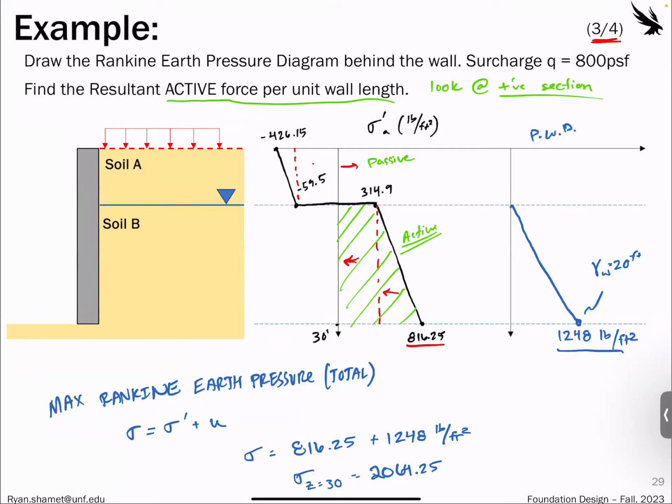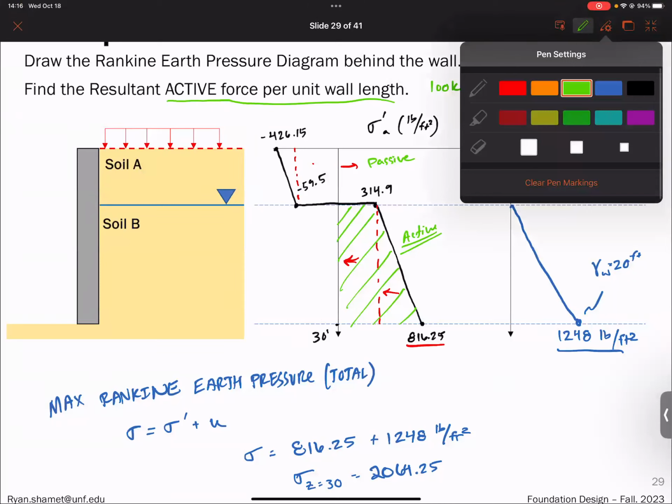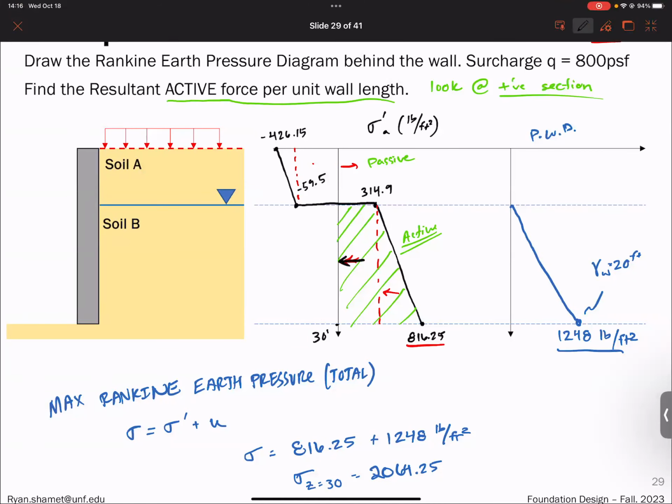It's a trapezoid, so the easiest thing would be to divide this into P1 and P2. So our actual total active stress is going to be that P1, which is going to be 314.9 pounds per square foot, and then the area of that would be times the depth of 20 feet.